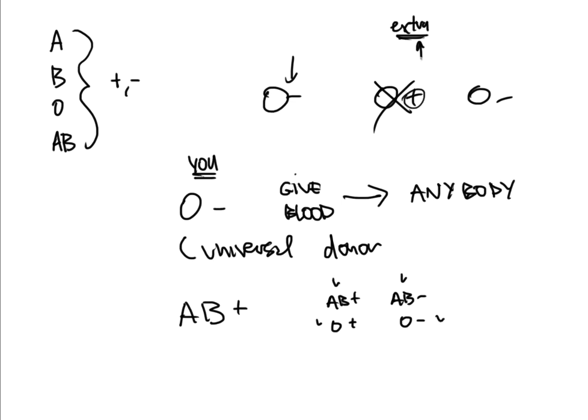But guess what, people? You could also take A positive, and you could also take A negative. The reason? This blood has A agglutinogens on them. Your blood also has A agglutinogens. I know there's B present, but A positive and A negative are not bringing anything extra to the party.